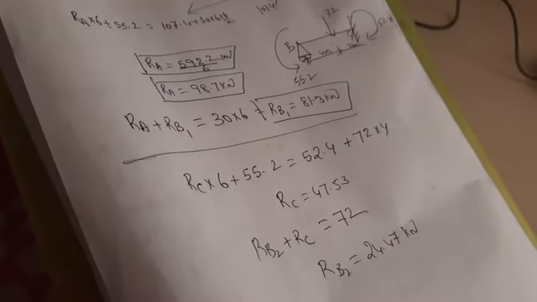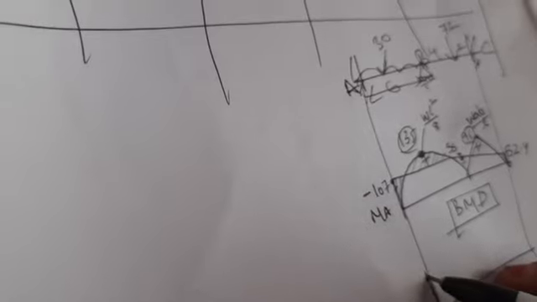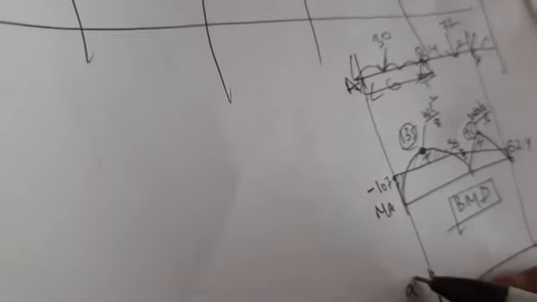Now we'll draw the shear force diagram. Here you can observe that for the UDL it is a triangle. The RA value we got is 98.7. Next the RB value, we got 81.3, RB1.